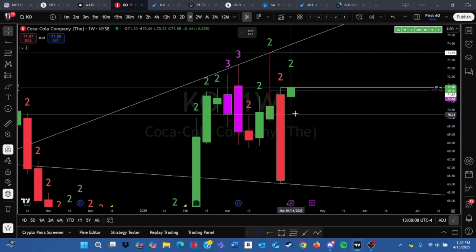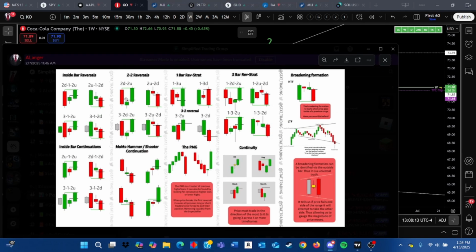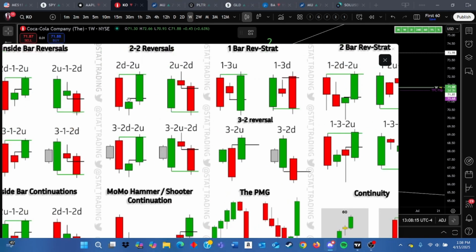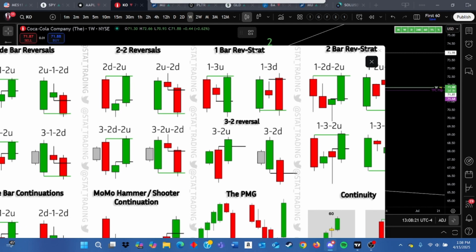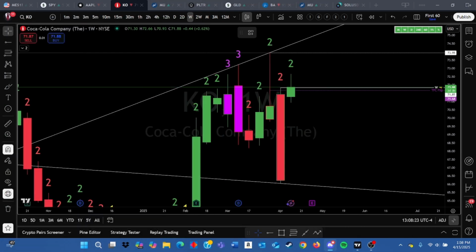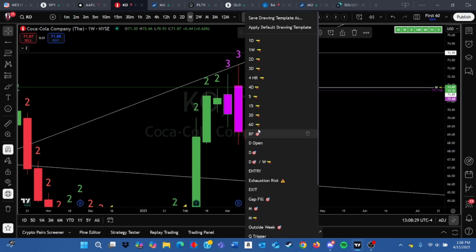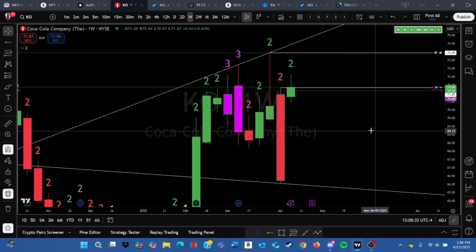If you were just using the 2-2 reversal combo, that would say above the failed two down, or just the two down's high, you target the previous candle's high, which is the two previous to that. So above here, you target here, which is conveniently our broadening formation target. And it's also all-time highs again.